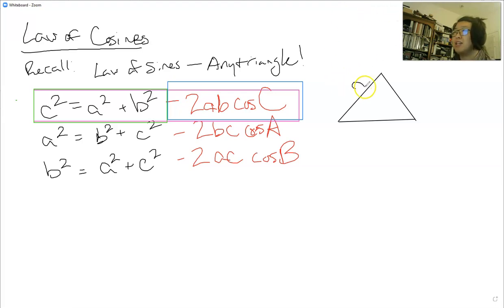It's got three sides, A, B, and C, where you've got angle A opposite of side A, angle B opposite of side B, and angle C opposite of side C. This is all the same from law of sines, so hopefully this is a bit of review.